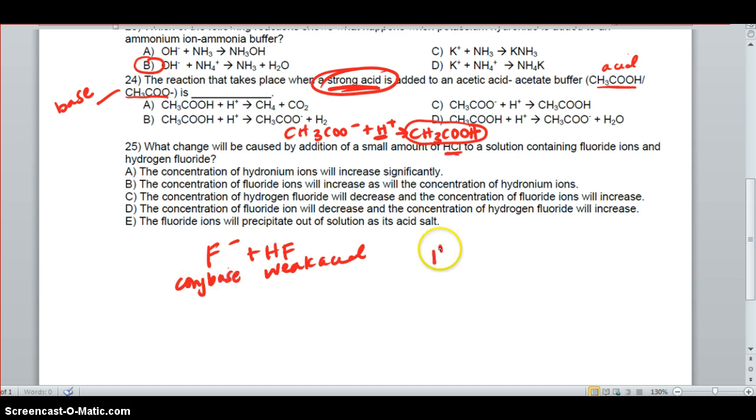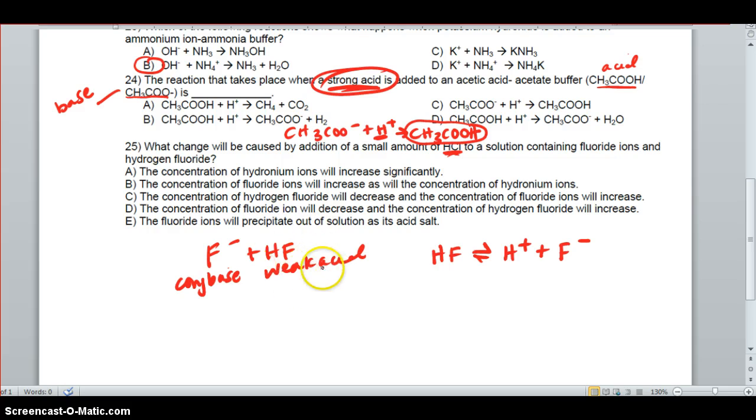Okay, so if you think about this equilibrium, HF just hanging out, doing its thing, setting up this equilibrium, right? By coming in and adding this H plus, you're stressing that system. So which part of the buffer is going to deal with that H plus stress? You've got a base or an acid.